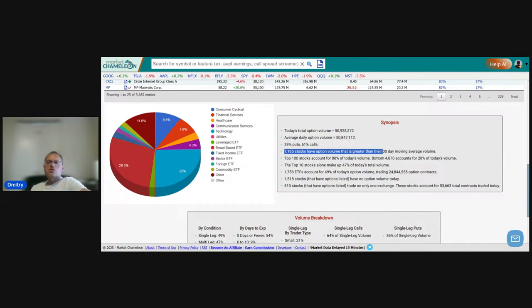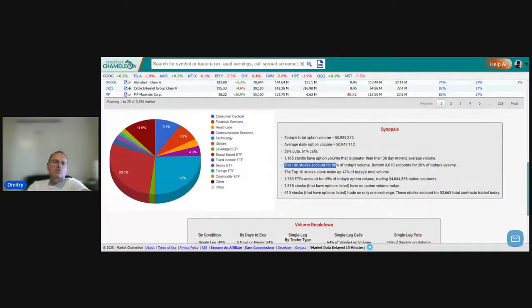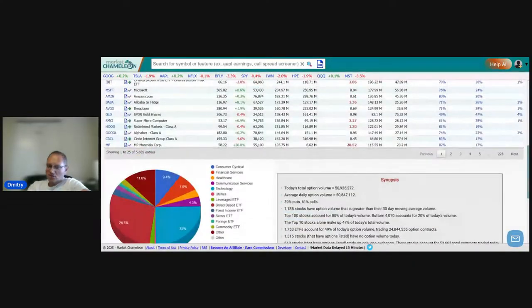Also, this gives us the concentration of volume based on the top traded stocks. So there's over here 5,685 stocks that have options listed. They're available to trade options.